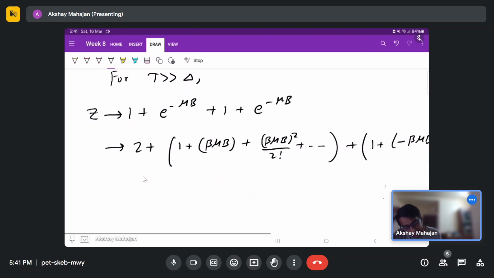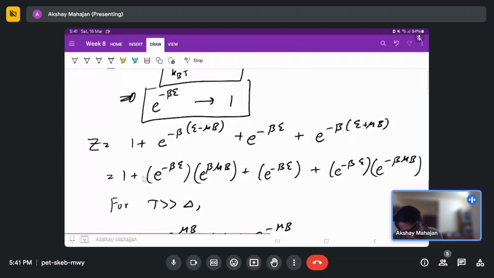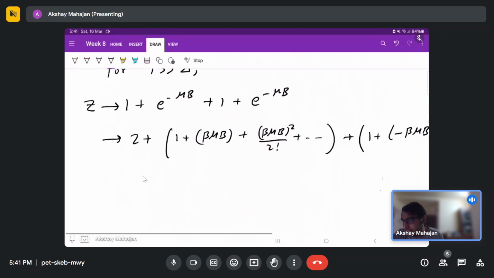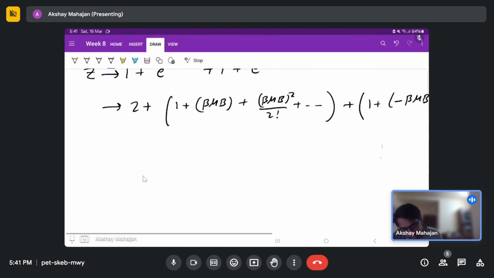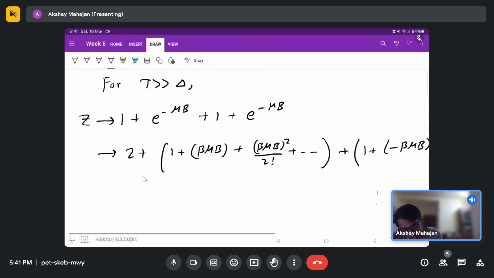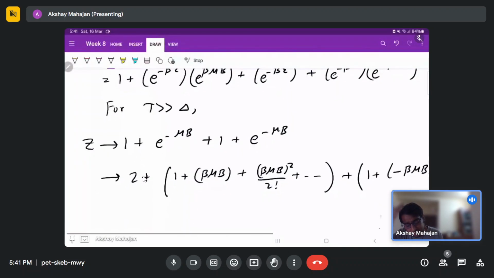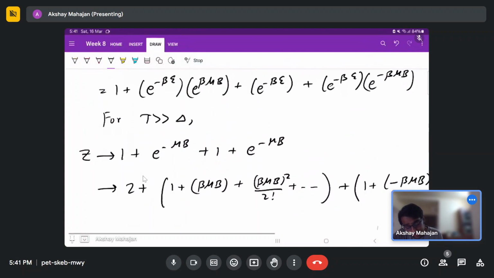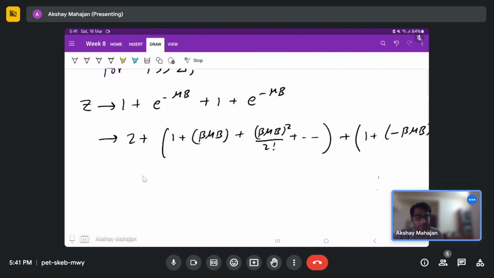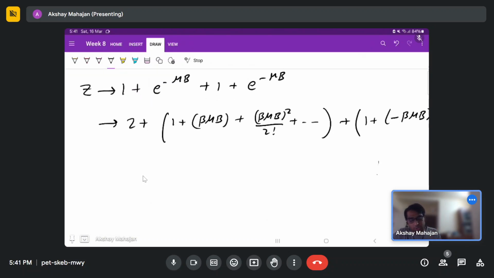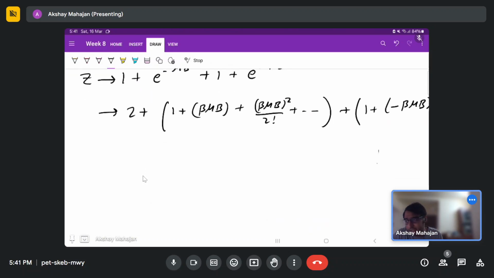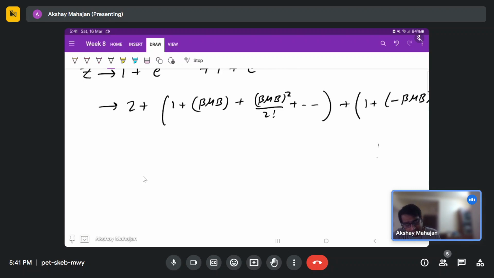So first we have seen that beta epsilon is much less than 1 because temperature is very high. Similarly, since temperature is very high, although we have mu B here instead of epsilon, mu B is also not going to be very large. These are also small values, so we can say that the beta mu B terms are also very small.